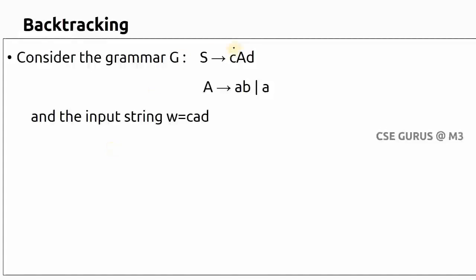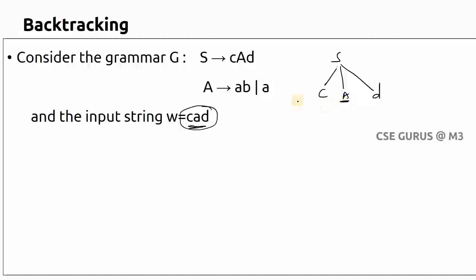So let us suppose I take this grammar, S tends to CAD, A tends to AB/A. Let us suppose I want to derive the input string CAD, that I need to get. Anyway I have to start from S. What is S tends to? I have only one option, that is C, A and D. Now again I'll go with derivation of C, which means there is no derivation because C is a terminal.